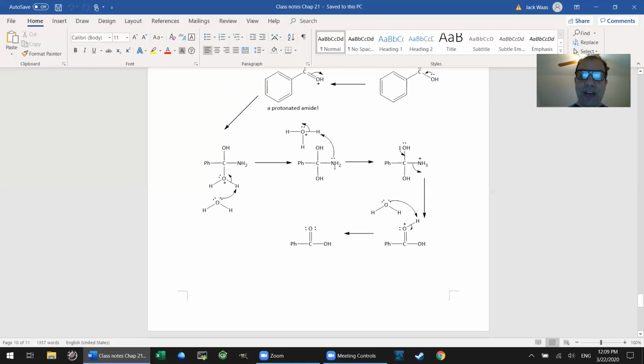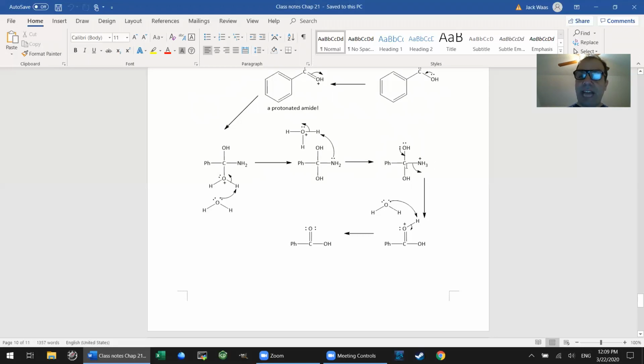We always want to try for intermediates with no charge or a +1 charge. So that's why we pull this proton off first using a water molecule. And then we protonate our nitrogen so we can lose the nitrogen as a leaving group in a molecule of ammonia, which we will generate.